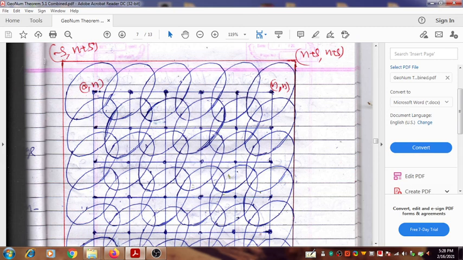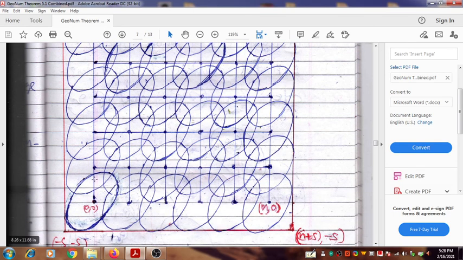At all these lattice points, we are placing the same translate. The original small translate is C prime, that you can see here.